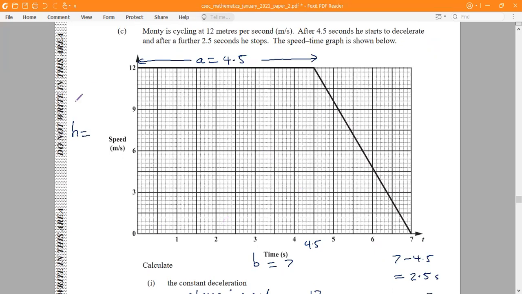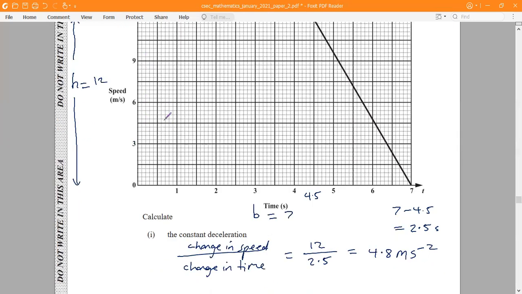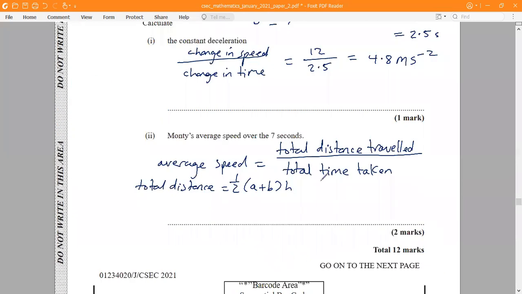This distance is our height, the height of the trapezium, which is 12. All right, so we substitute these values. a is equal to 4.5, b is equal to 7, and height is equal to 12. And we work this out.